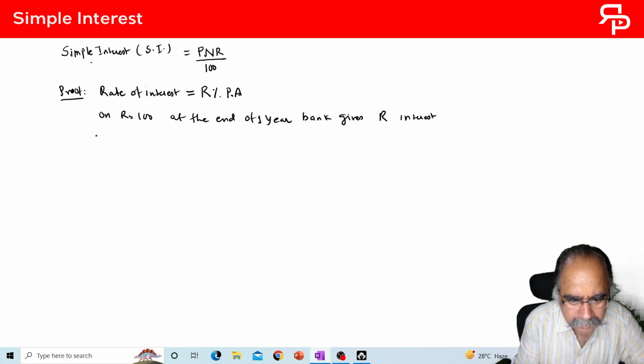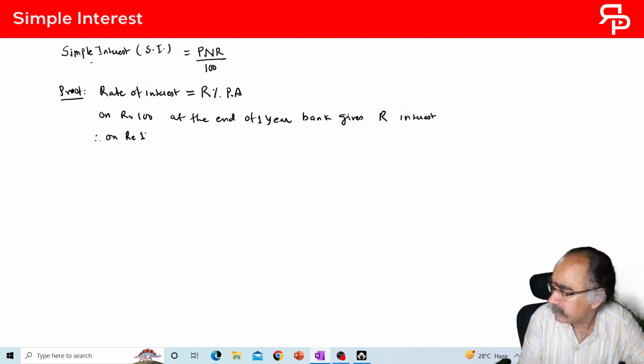Therefore, instead of 100 rupees, if I deposit 1 rupee, on rupee 1, 100 is multiplied by 1. When we transfer it to that side, it will go into division.